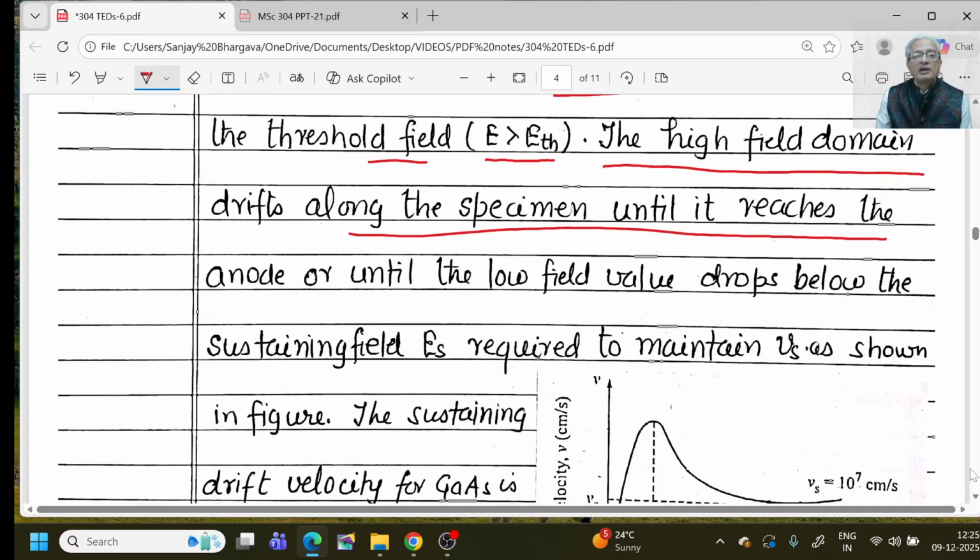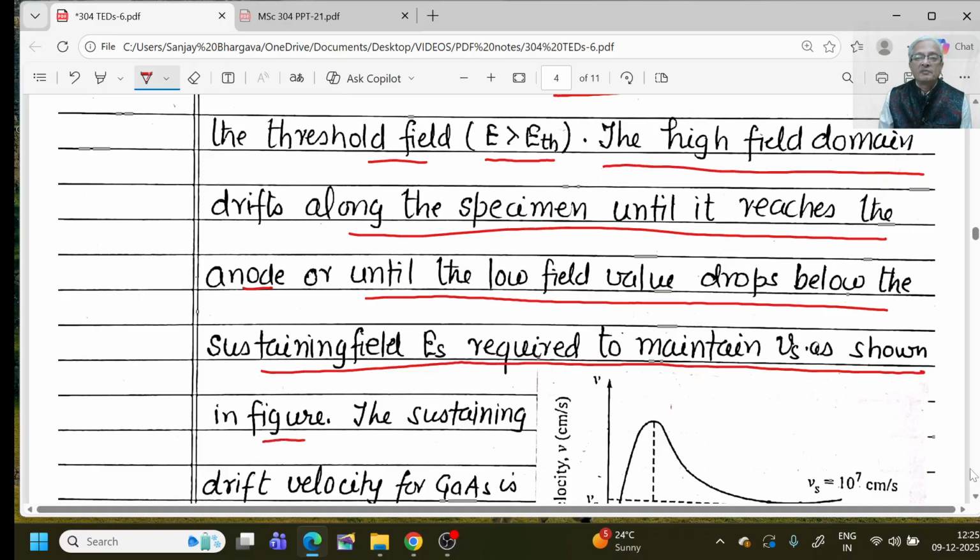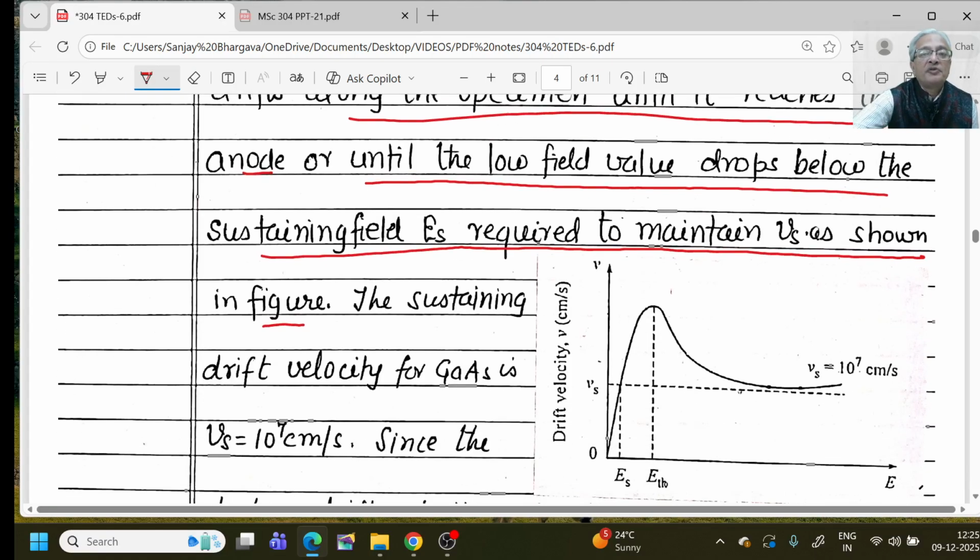So the high field domain starts its movement from the cathode and continues to move till it reaches the anode, or until the low field value drops below the sustaining field Es required to maintain Vs as shown in the figure.